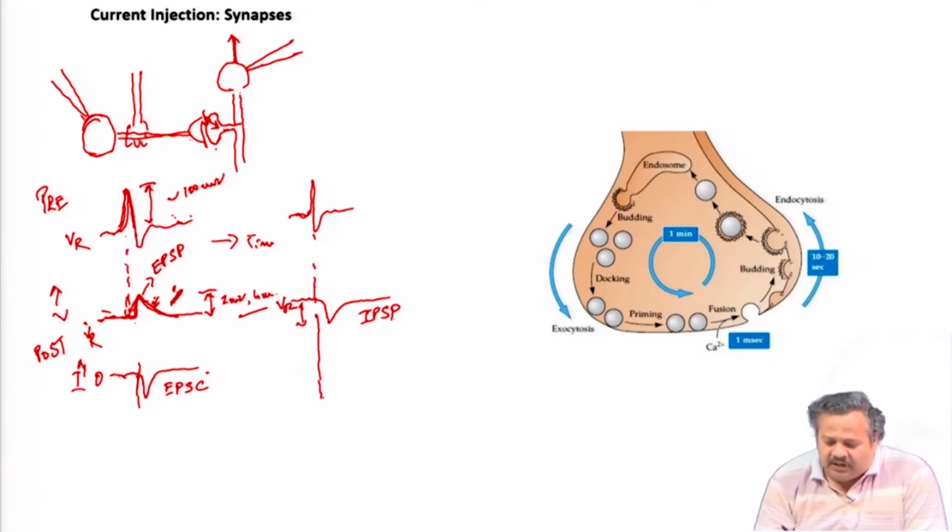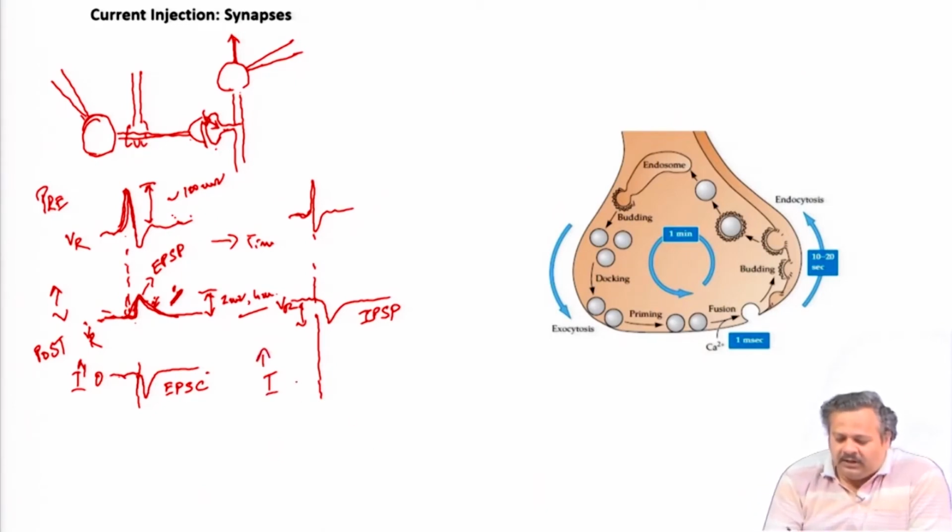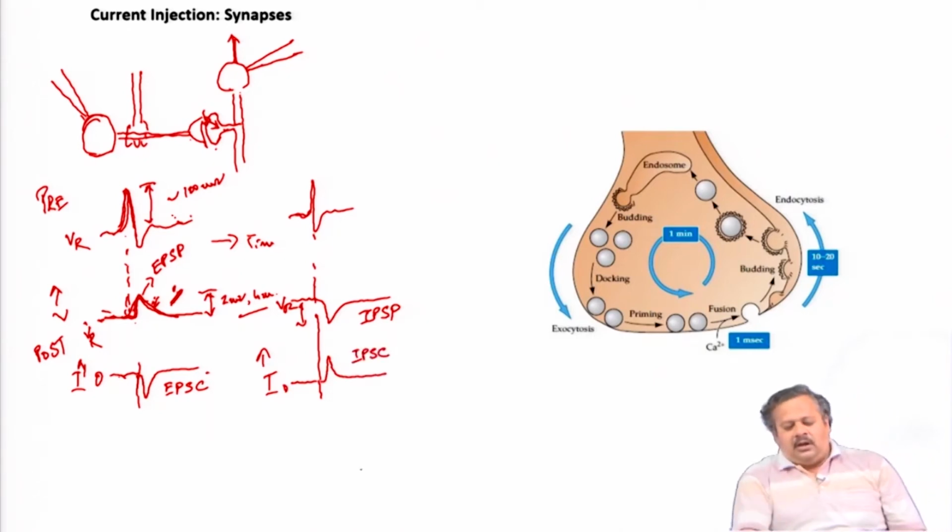Similarly, if we measure the current instead of the voltage in the postsynaptic neuron, this is the zero current baseline, and then we will have an inhibitory postsynaptic current that we measure on the electrode.